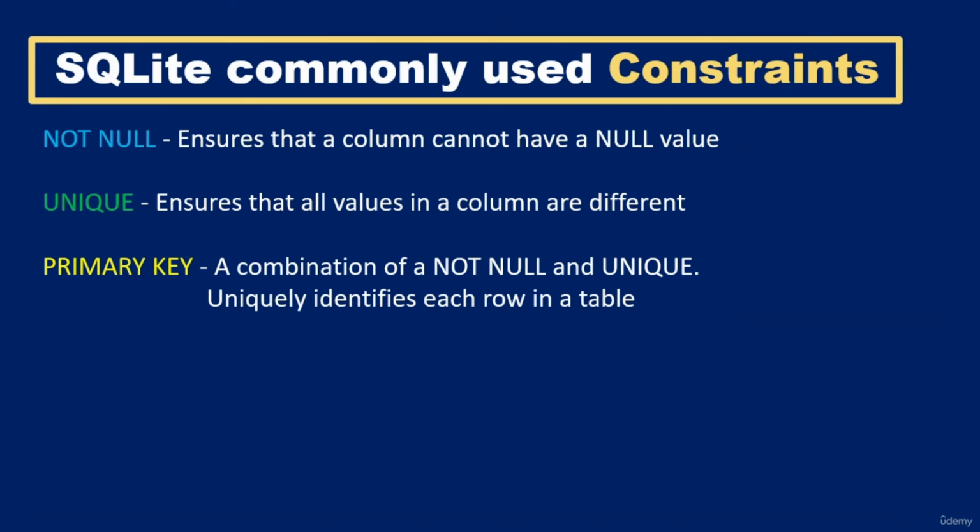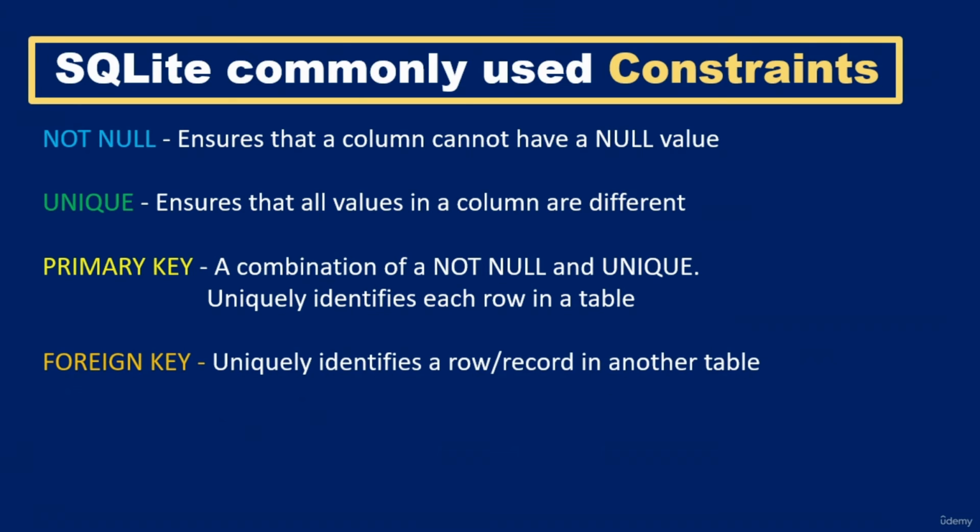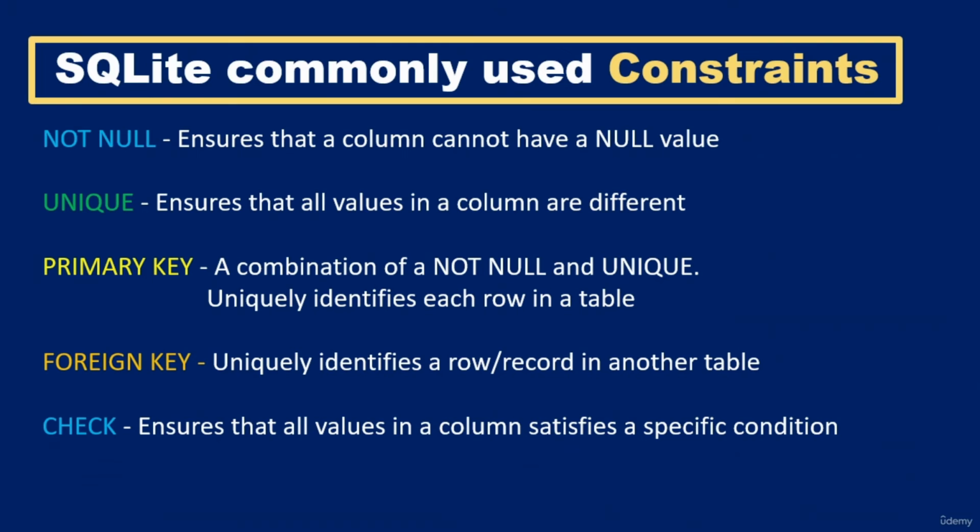You can also have a foreign key constraint. A foreign key basically uniquely identifies a row or a record in another table. Another commonly used constraint is called a check constraint, which is used to ensure that all the values in a column satisfy a specific condition.